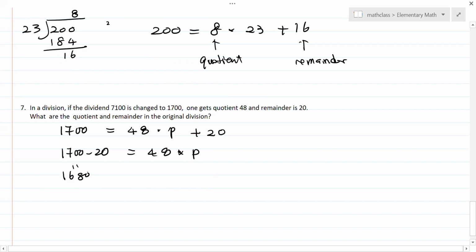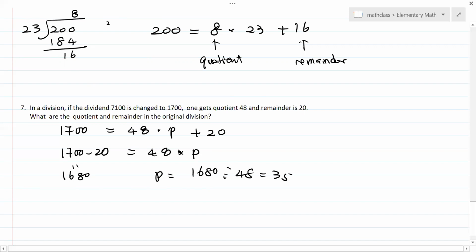Let's divide by 48. 1,680 divided by 48 is 35. So P is 35.